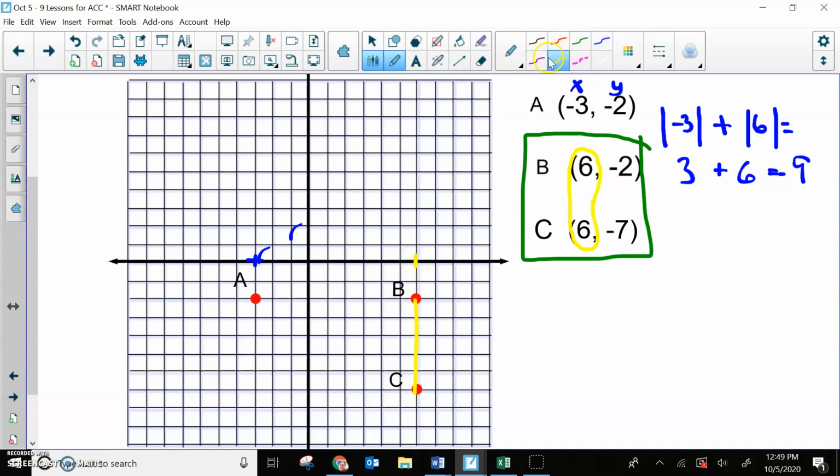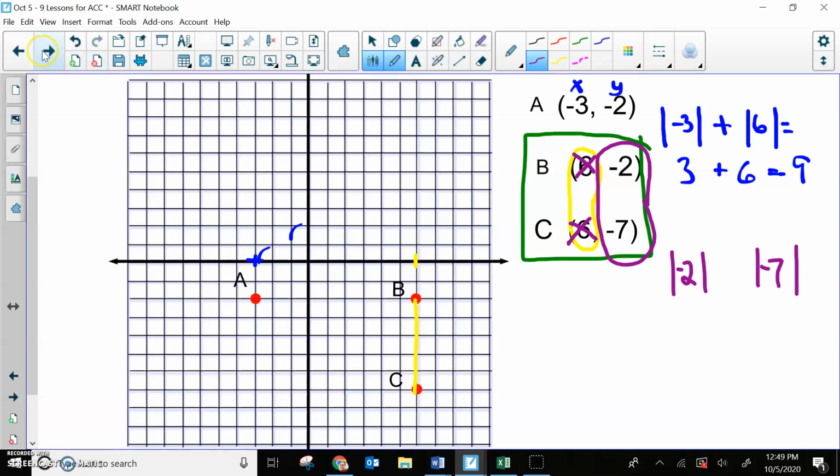So this number 6 is not going to help us find the distance. We don't want the same number. We want the two numbers that are different. So here we have -2 and -7. Those are the two numbers we're going to put in our absolute value symbols, -2 and -7. So the question now is, do we add them together or do we subtract them?